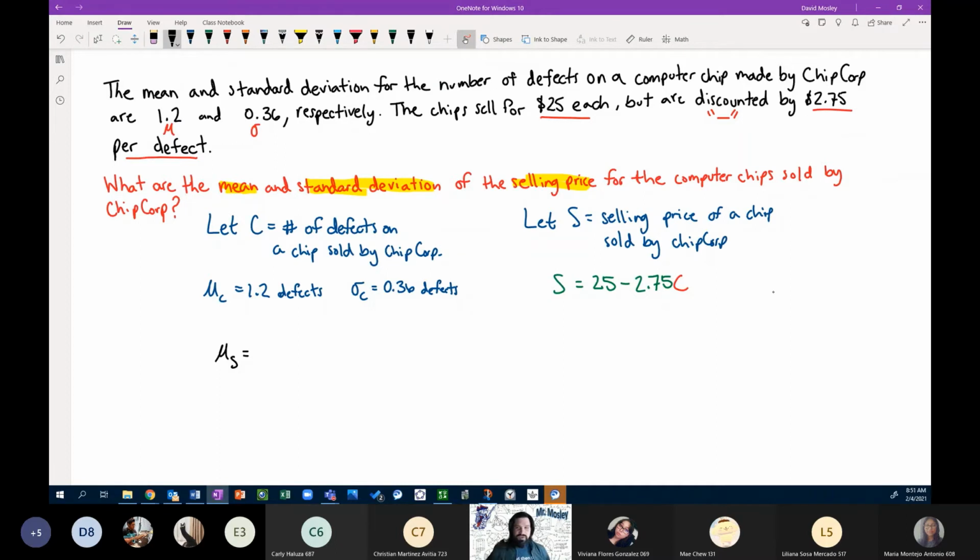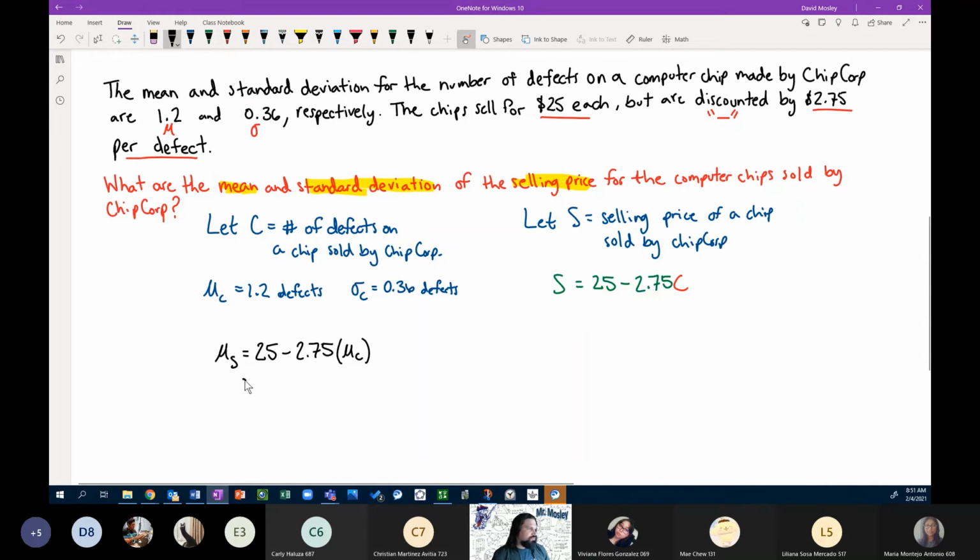So the mean is affected by the entire linear transformation. So that means we get 25 minus 275 times the mean of C. And we use the mean of C to help find the mean of S.